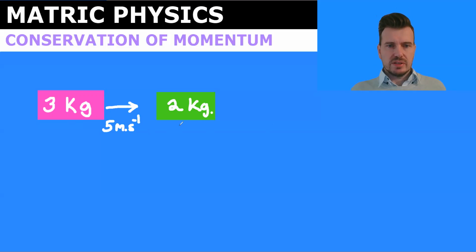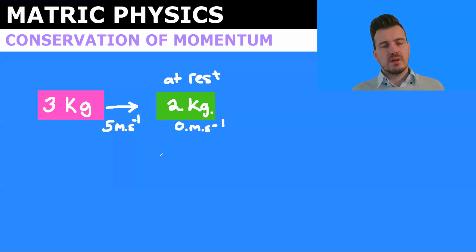So let's say that this is at rest. They tell you that the second object is at rest. Well, that means that you know the velocity is 0 meters per second. So if they say at rest, you can infer the 0 meters per second.